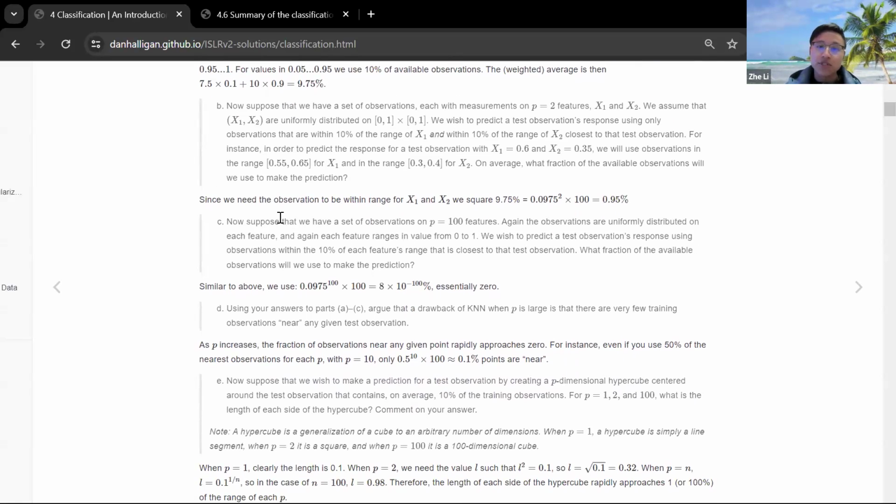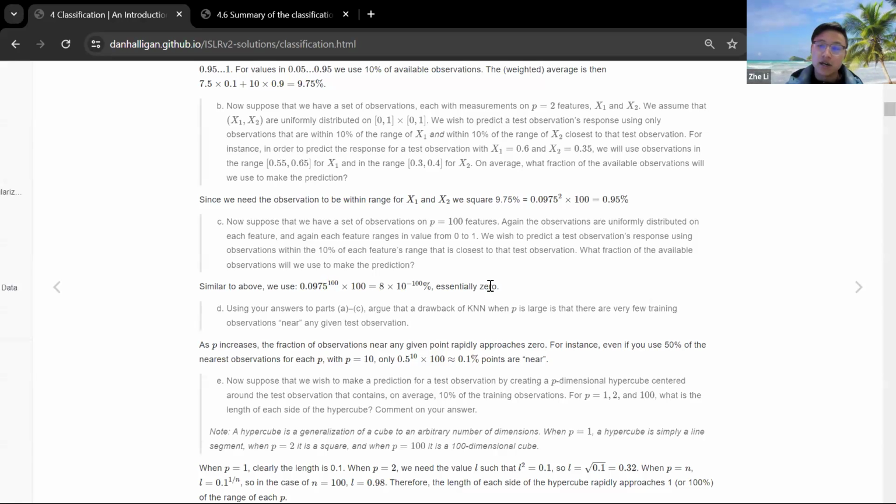Now let's suppose that we have an observation with 100 features. The area that we can capture exponentially decreases to nearly 0.